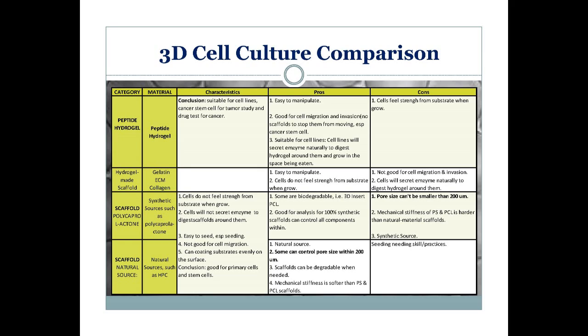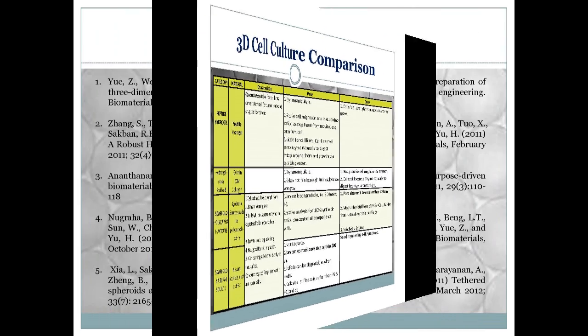Secondly, natural sources, such as HPC scaffolds, which is our Cellosponge series. Our Cellosponge series can control the pore size within 200 micron to avoid the hypoxia of cells in the center of the spheroids. There is a third kind of 3D cell culture format between hydrogel and scaffold. It is hydrogel made scaffold. Our Go Matrix, the gelatin scaffold, is this kind.